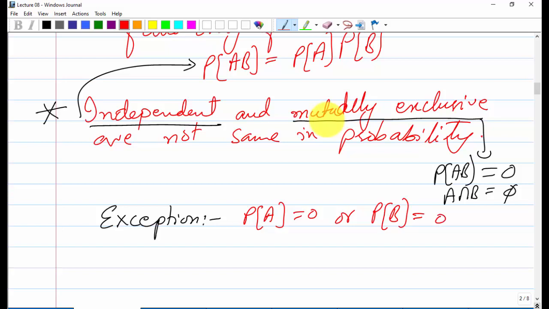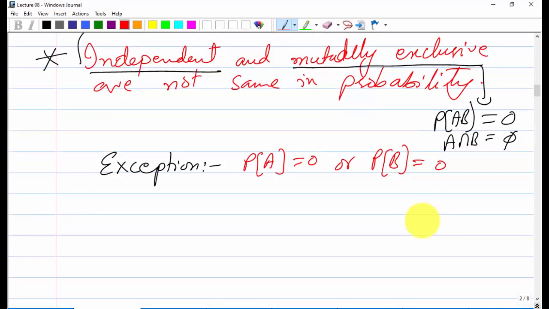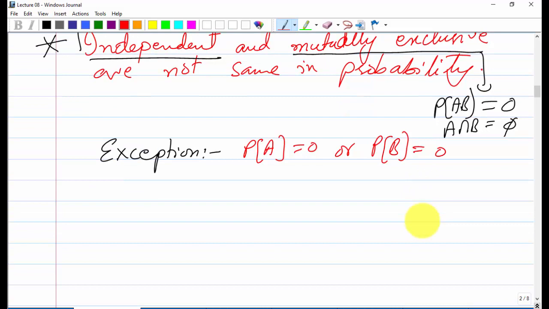Then we can say that they are mutually exclusive or independent. So this is just an exception. So let's solve one simple problem to understand this concept.